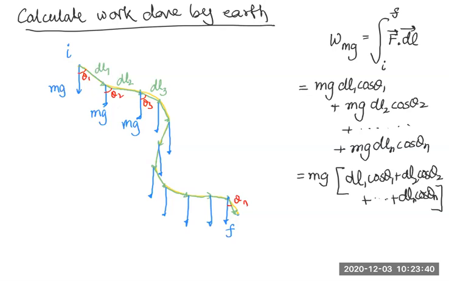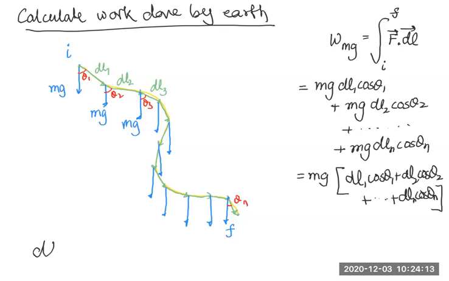No, it is not mg. How can it be mg? dl1 cosine theta 1 is the component of dl. dl is a vector, and dl1 cosine theta 1 is the component of dl along mg. I think this is what you meant when you wrote mg, right?